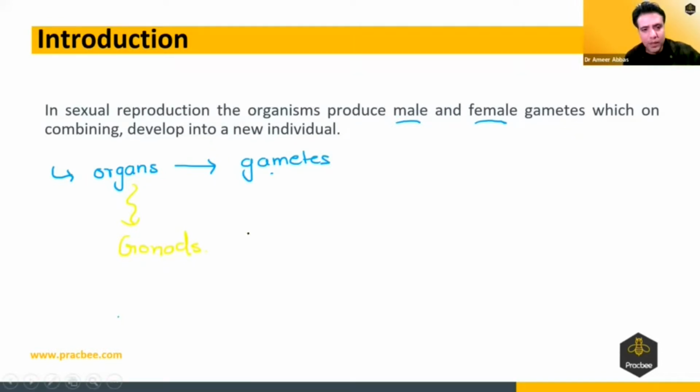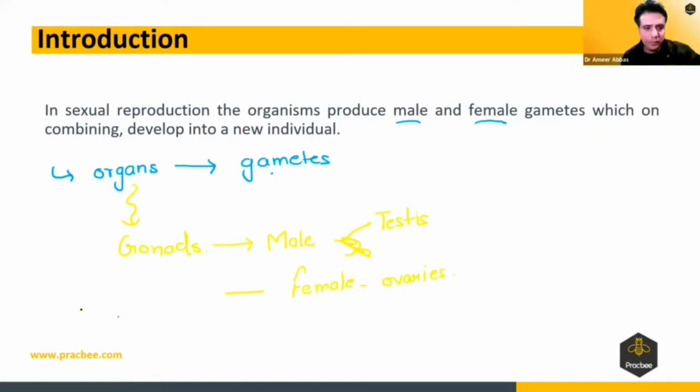In case of male, these are the testis, and in case of female, these are the ovaries.